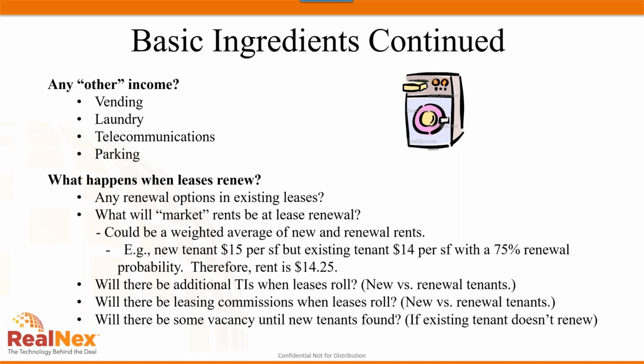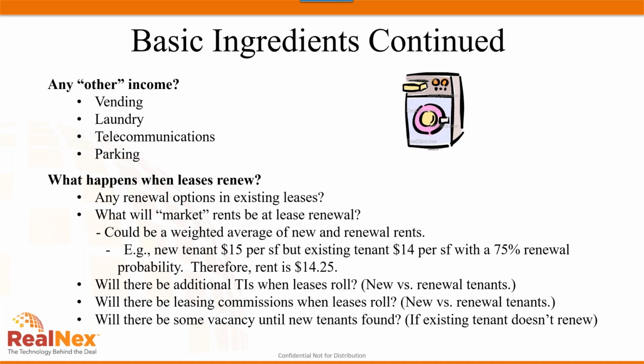So 75% of $14, 25% of $15, you get $14.25. And then the program just uses $14.25 as the market rent, and projects out what the market rent will be when the lease renews. You'd have some growth rate in the program for market rents.